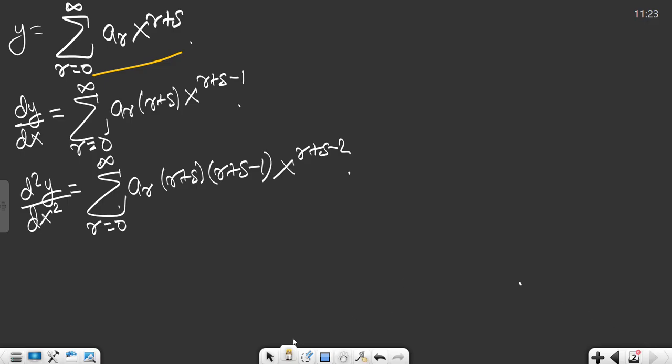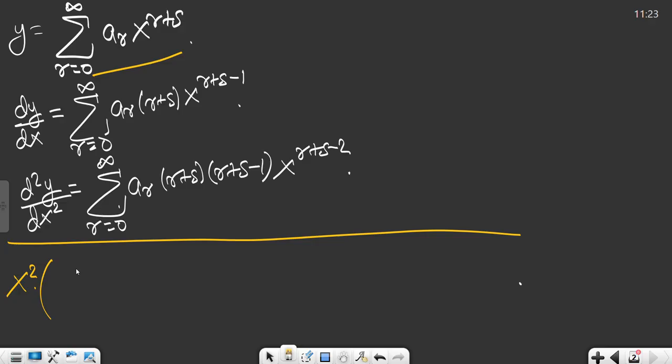If we continue here, x squared times d2y by dx squared is the infinite sum as r goes from 0 to infinity of a sub r, (r plus s), (r plus s minus 1), x to the r plus s minus 2, right?